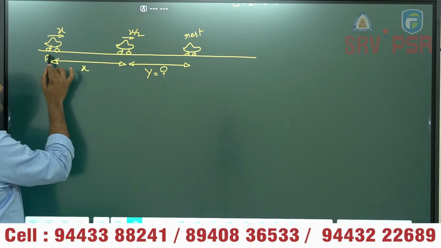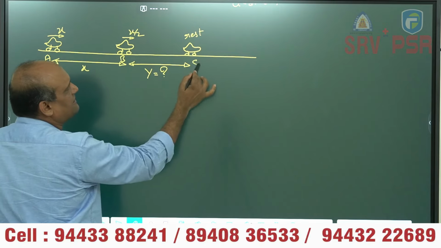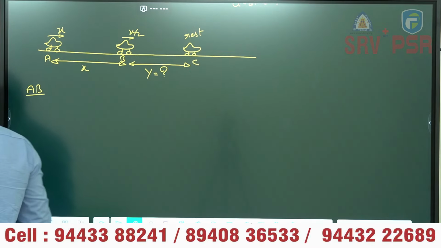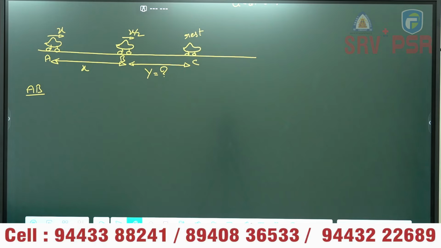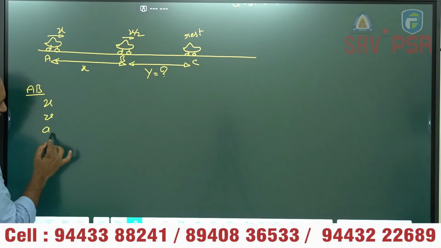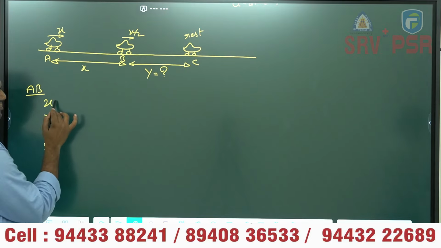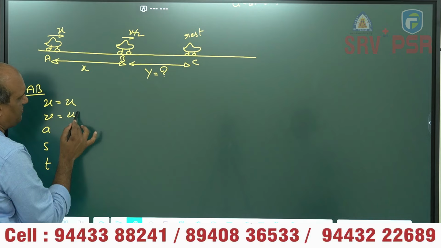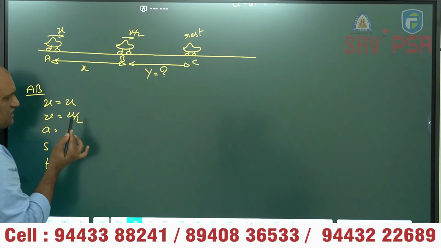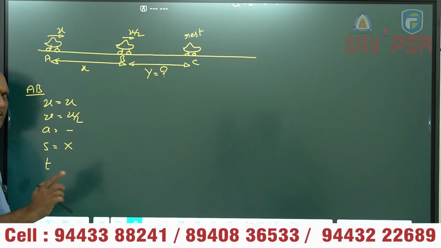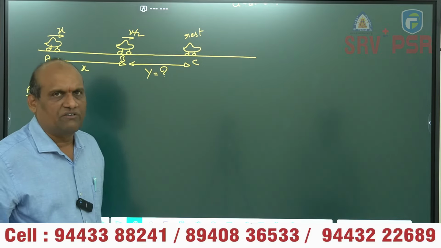I am taking this point as A, this point as B, this point as C. So for the AB part, if I take UV, AST, U value I have taken U. I know the final speed is U by 2. I don't know the acceleration. Distance covered is x. Time not required. Any 3 is enough to use the equations.